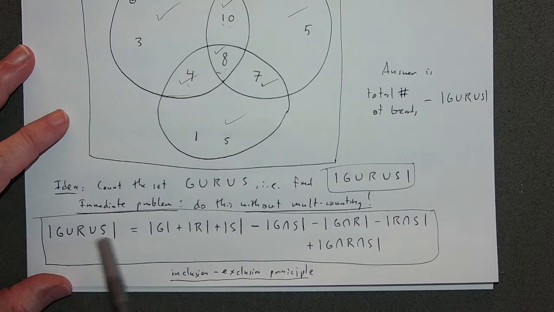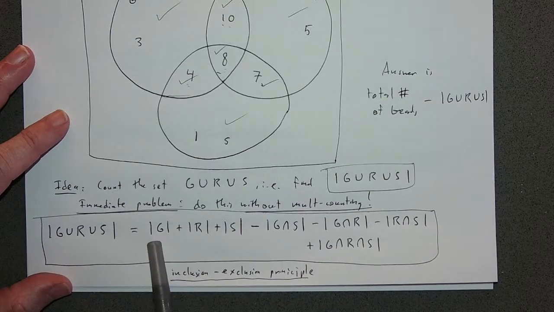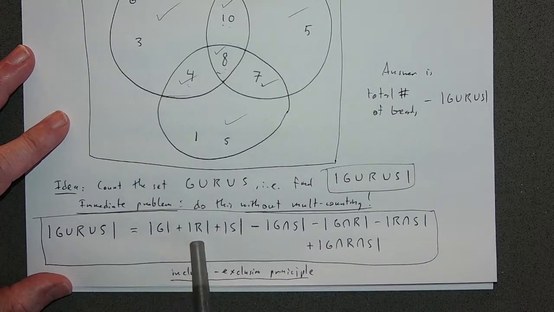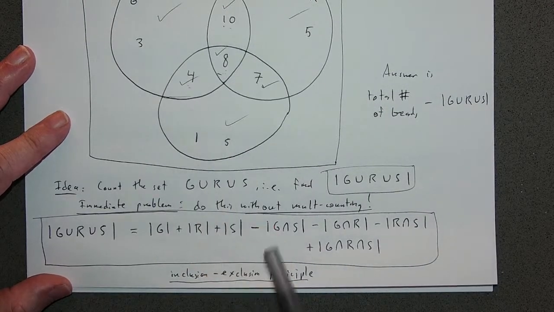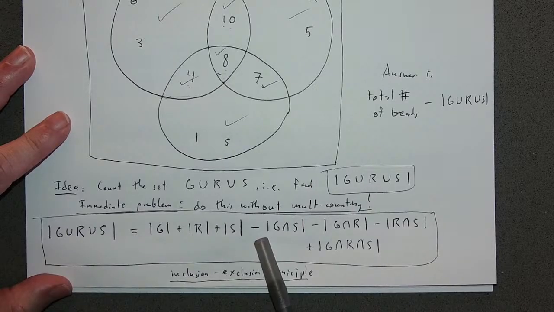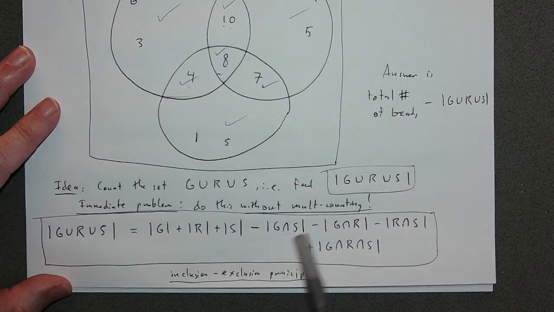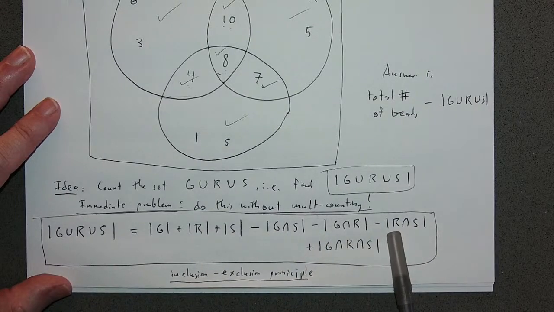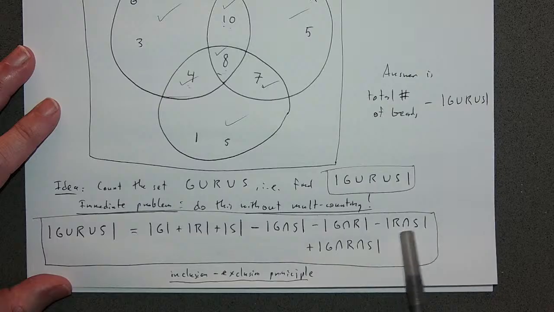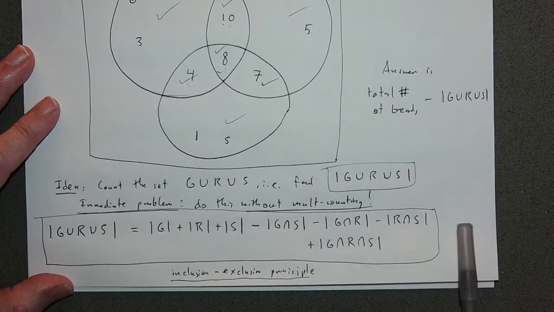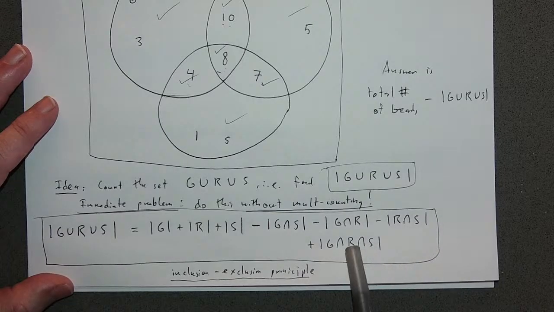So to count the union of three sets G, R, and S, to count the elements of this, I first count the elements in each of the sets taken one at a time. So all of G, all of R, all of S. I subtract from that intersections of sets taken two at a time. So minus the intersection of G and S, minus the intersection of G and R, minus the intersection of R and S. Okay. And then I add to that the intersections of these sets taken three at a time.